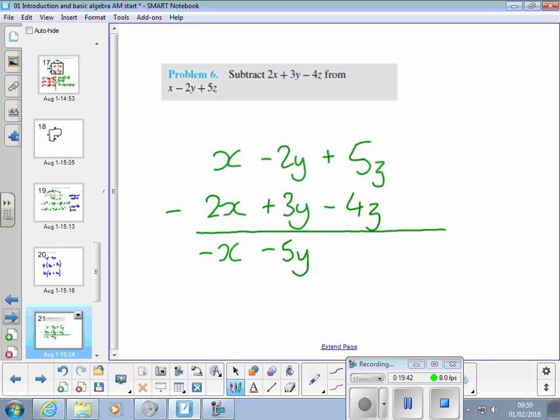Minus 5y. 5z, minus 2y, take away another 3y. What order? Because you can only subtract like terms from each other. Yeah? So you need to get them in that line and that line in the same order.